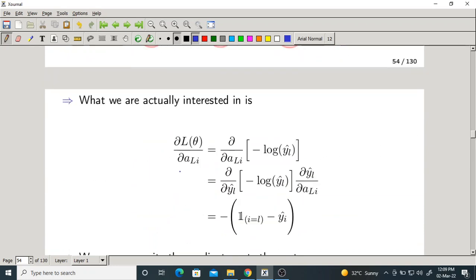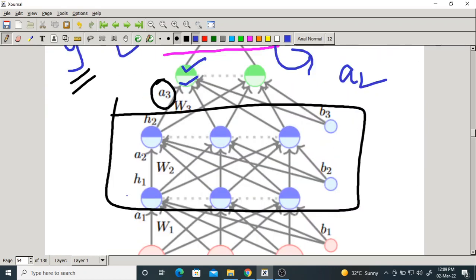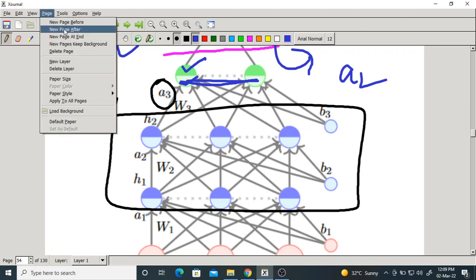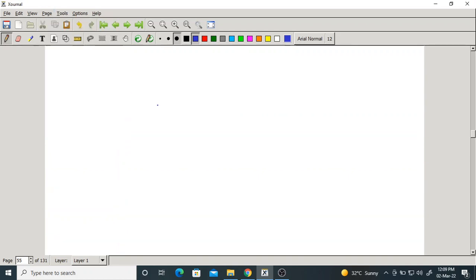So we are finding ∂L(θ)/∂aLi. As I told you, a3 is the combination of all these k light green regions, the pre-activations of the k neurons. Otherwise, let me write here. In the output layer we have k neurons.